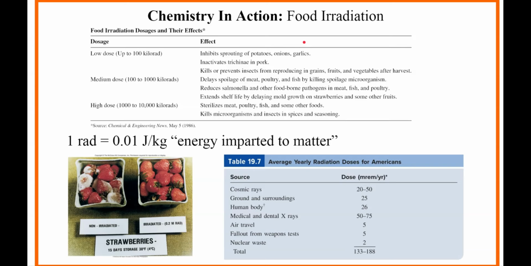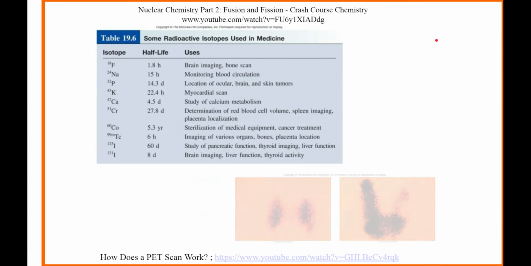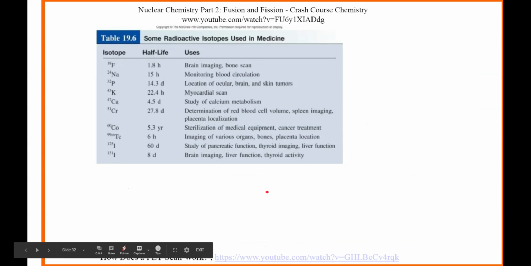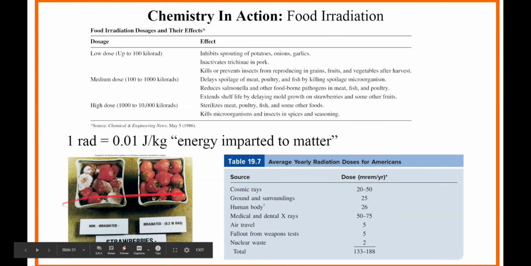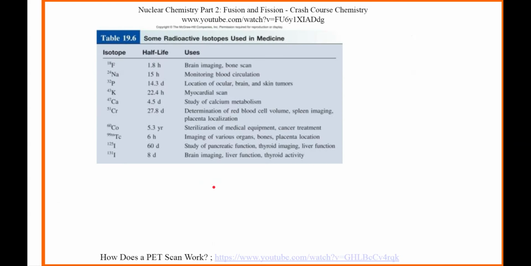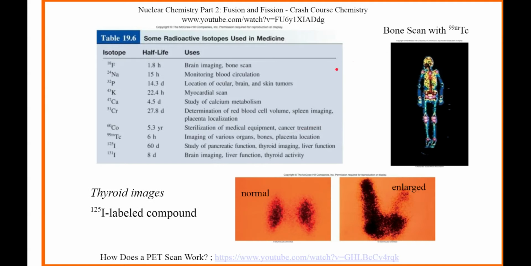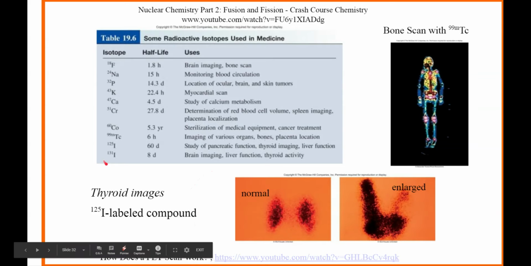Here are some fun facts. You don't have to actually read over this, but it's fun. Again, there's tons of uses for radioactive materials, from killing harmful bacteria on our food to getting all types of fun scans. If you've ever heard of a PET scan, it uses positron emission tomography.